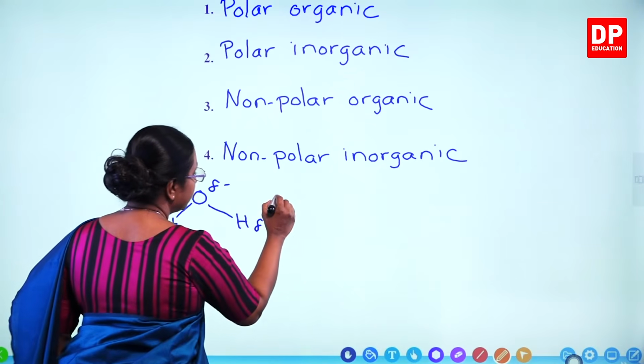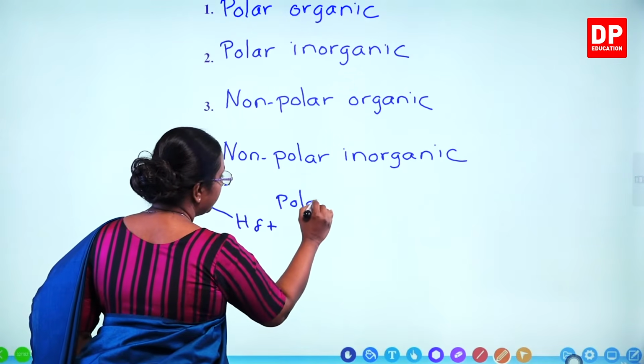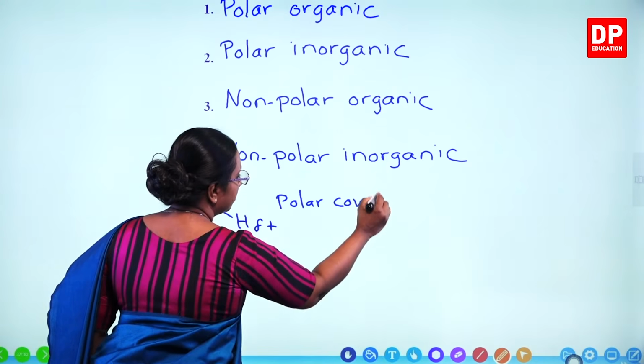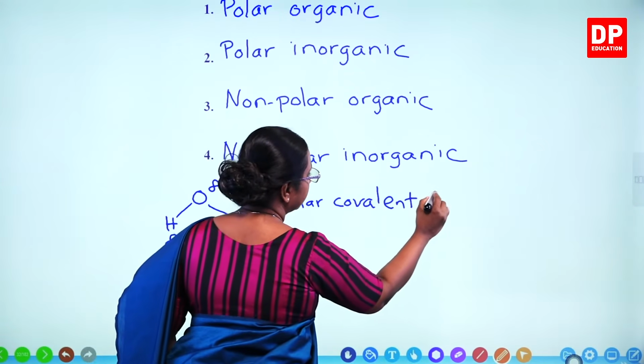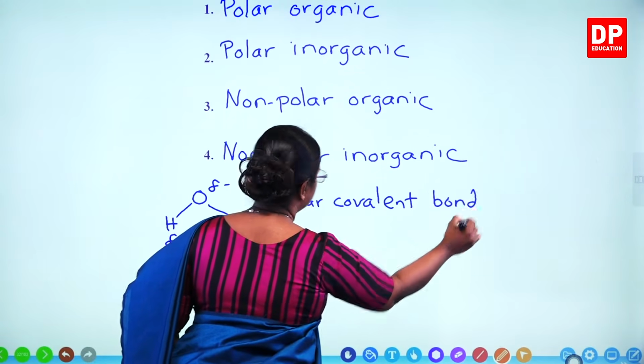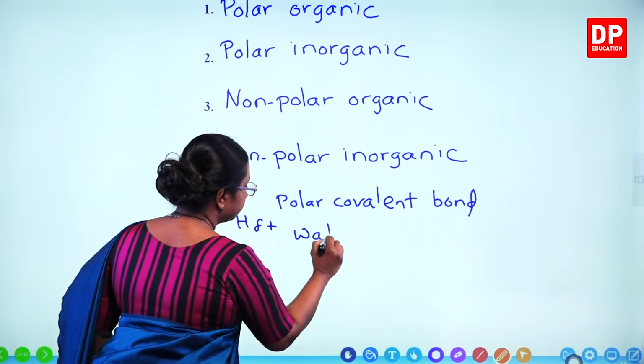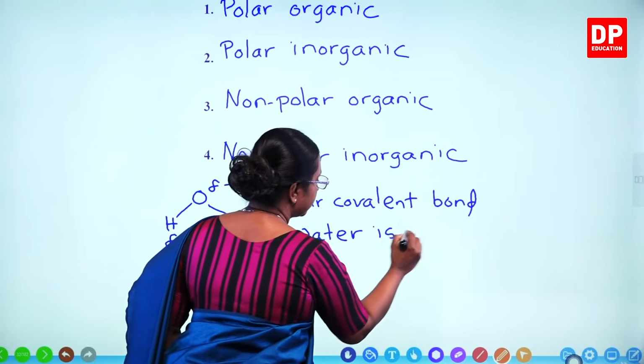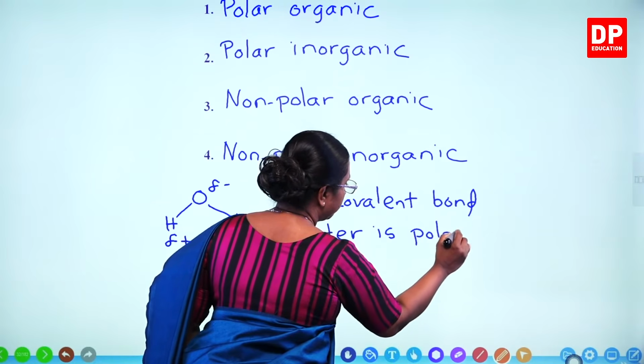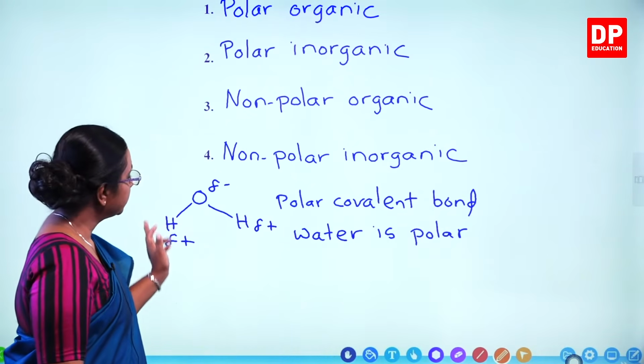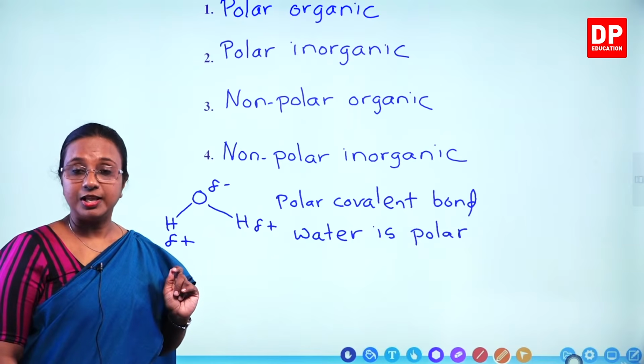Because of this polar covalent bond, water is polar. So this is an example of a polar compound.